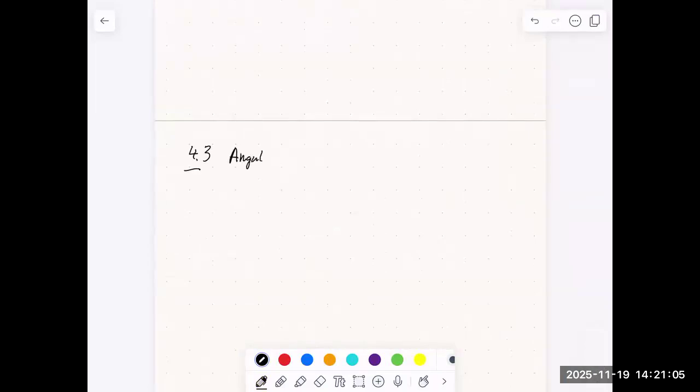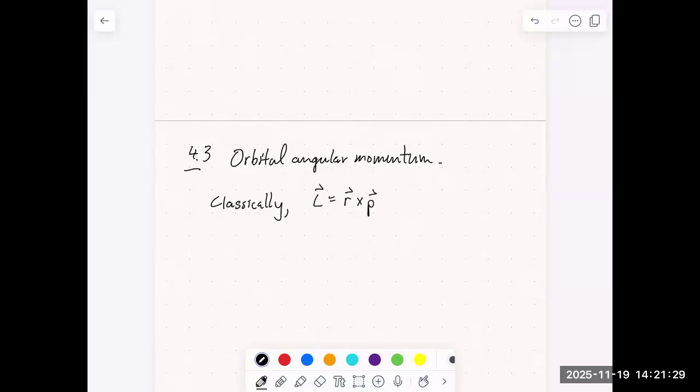So angular momentum. In fact, maybe what I'm going to call it is orbital angular momentum. Okay, so classically, L is equal to R cross P.